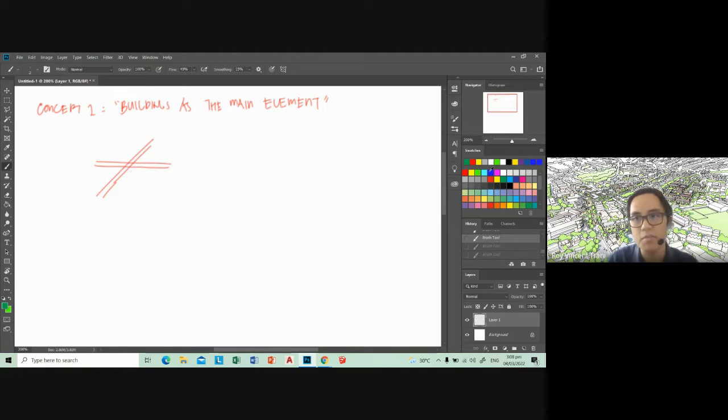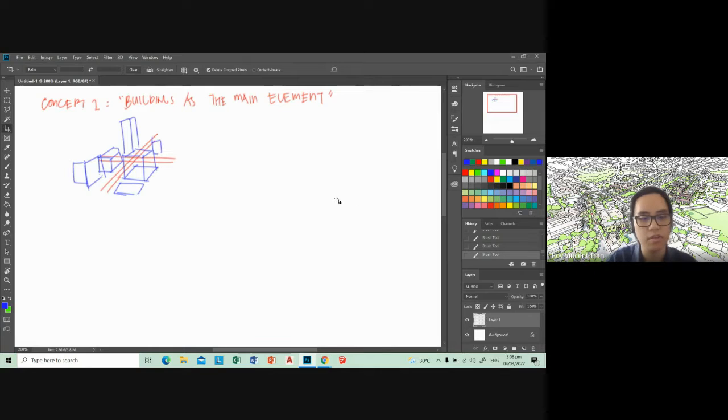So let me change the buildings to blue here. So that's the base of the building. You have your buildings there. So you create cities by creating buildings. So you have a building here, you have a tall building there, short building here, parking lot over there. This is concept 1.